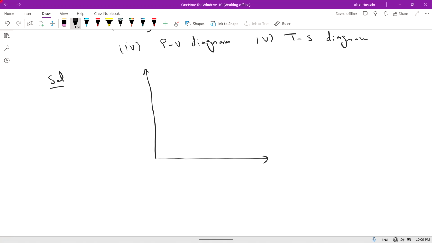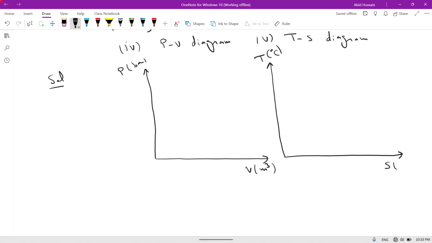This is the PV diagram, pressure in bar and volume in meter cube or meter cube per kg. Second is the TS diagram, temperature in degrees centigrade and entropy in kilojoule per kilogram per Kelvin or kilojoule per Kelvin.